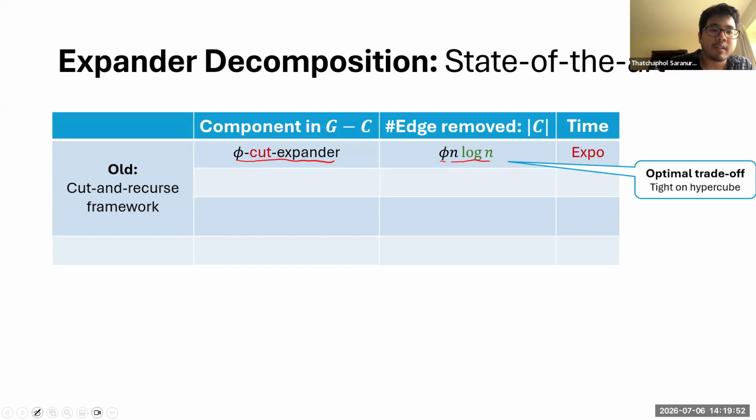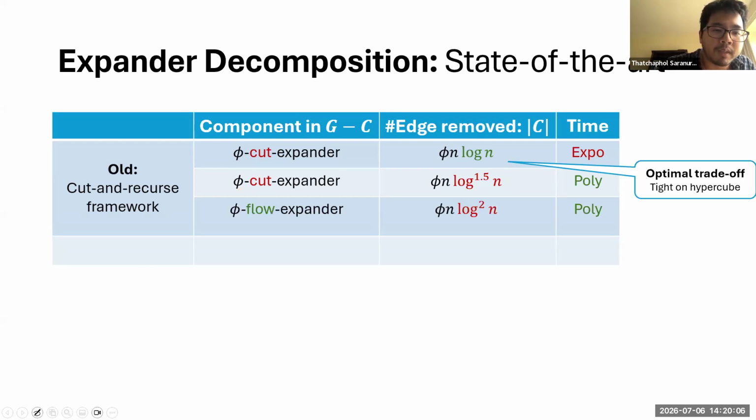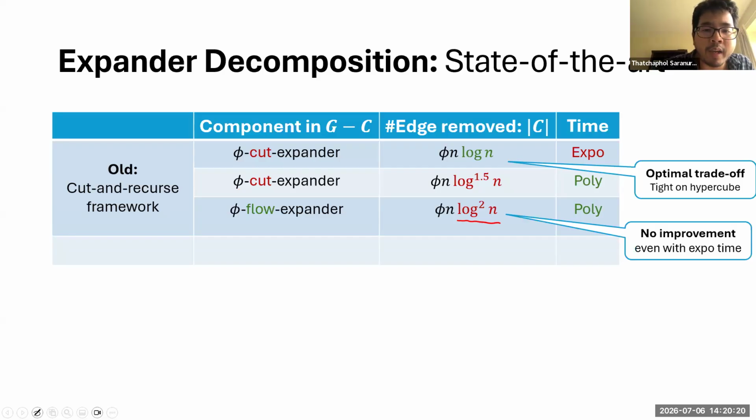We can, and we get a cut expander decomposition like before, but the cut size is now worse by a square root of log n factor. How about flow expander decomposition? We can get it too in polynomial time, but now the cut size is worse by a log n factor, so this is log squared instead of log n. By the way, we don't know how to improve this log squared factor, even if I allow exponential time.